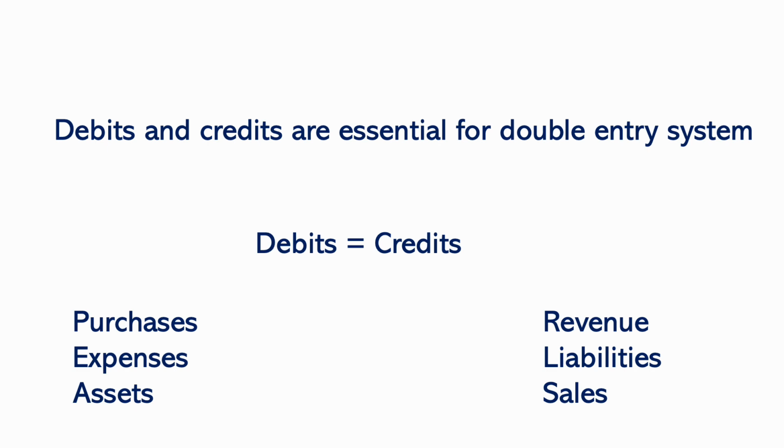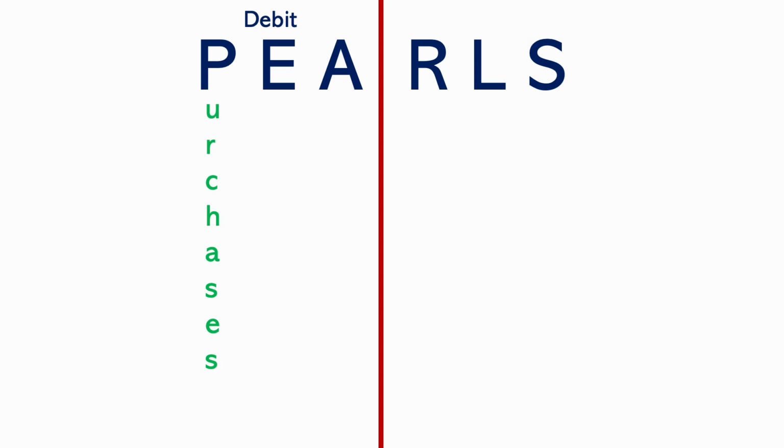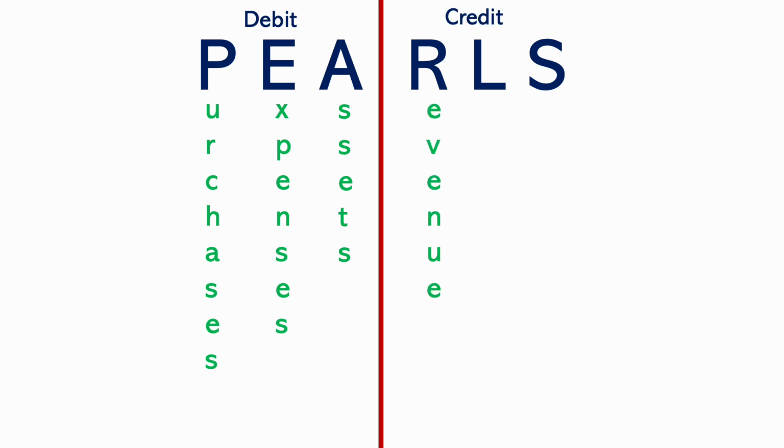So you can use the acronym PEARLS. P-E-A-R-L-S. The first three letters represent the debit accounts, which are purchases, expenses, and assets, and the next three letters represent the credit accounts, which are revenue, liabilities, and sales.